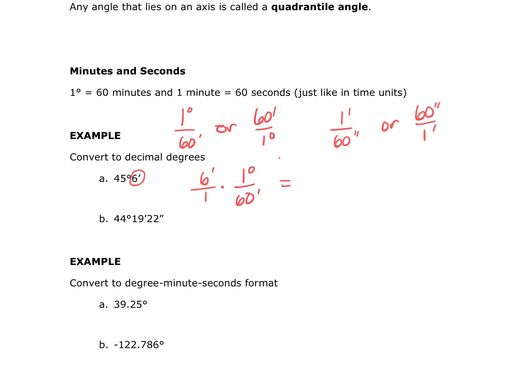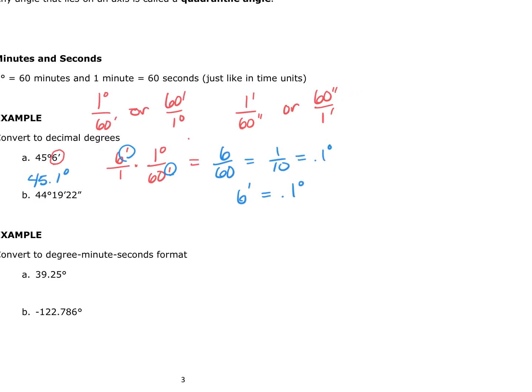So I will end up with this unit and this unit canceling. So I end up with 6 over 60 or 1 over 10 or 0.1. So that tells me that 6 minutes is equal to 0.1 degree. So to convert this into a decimal, this is 45.1 degrees.